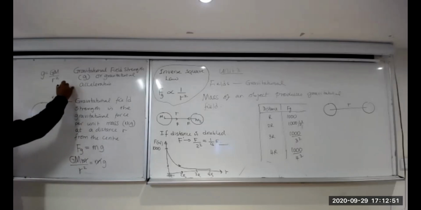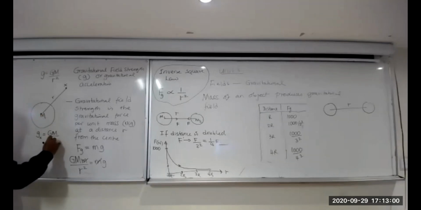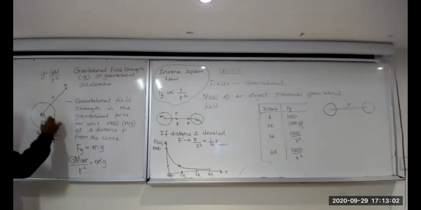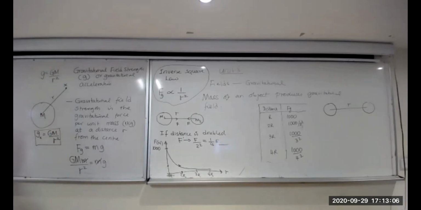If you want to find the gravitational field strength at that point, M is the central mass, and you get the distance r squared. Okay, it's obviously inverse square law.